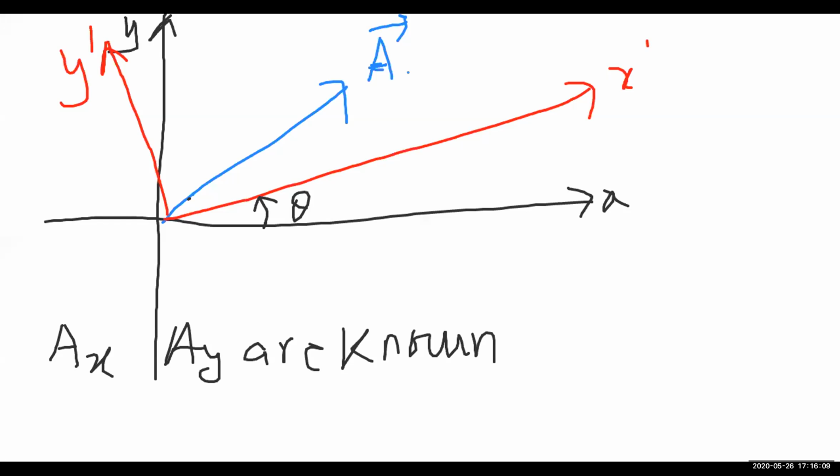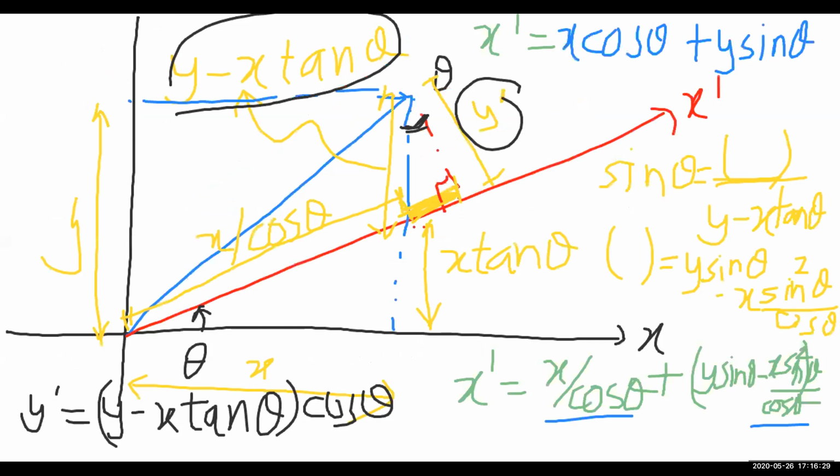then the new components ax dash and ay dash would be equal to exactly the same transformation that we got here.